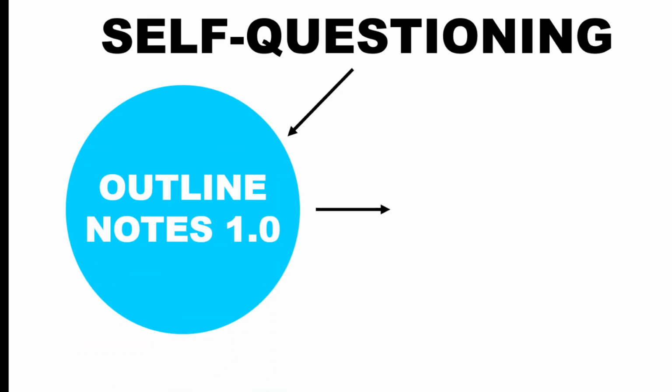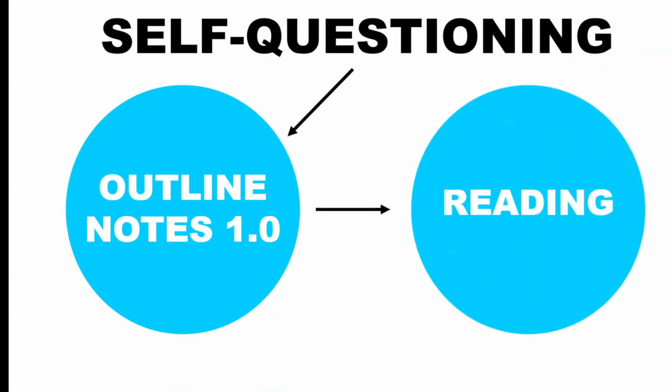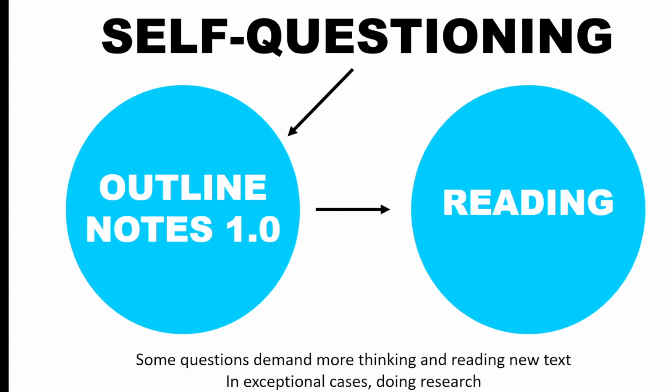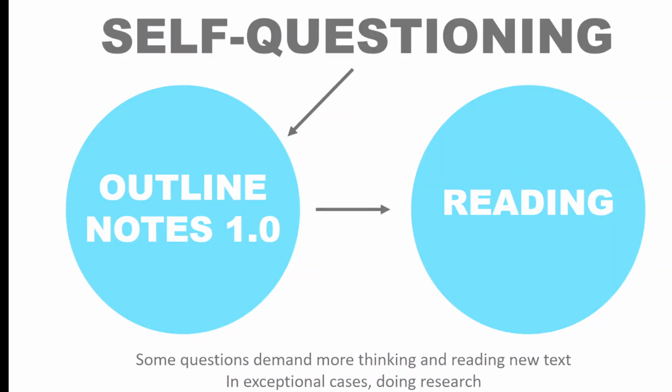So you self-question on your outline notes and then you do rereading, because obviously some questions are not answered in the textbook or you cannot think them up. So you have to go back either to the original material or to extra material to cover those gaps of knowledge. So you become more knowledgeable and gain more mastery of the subject.